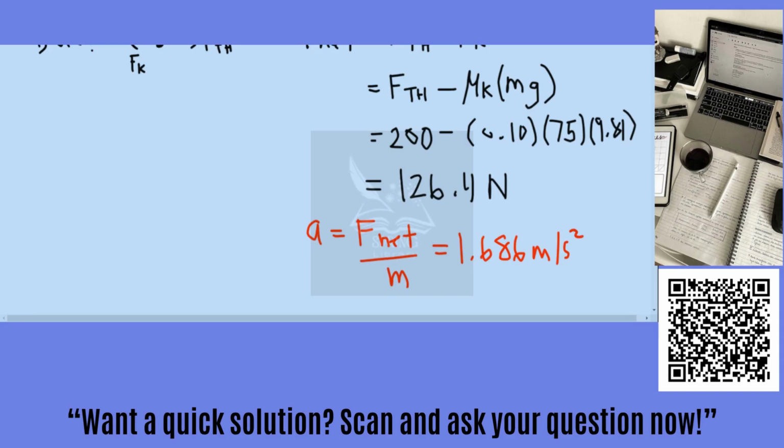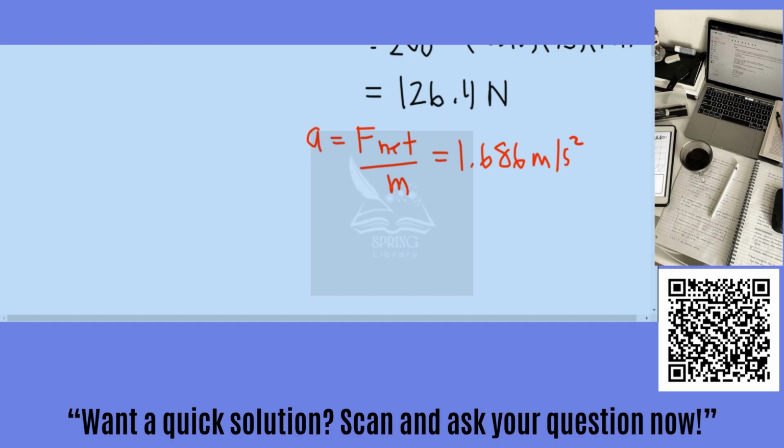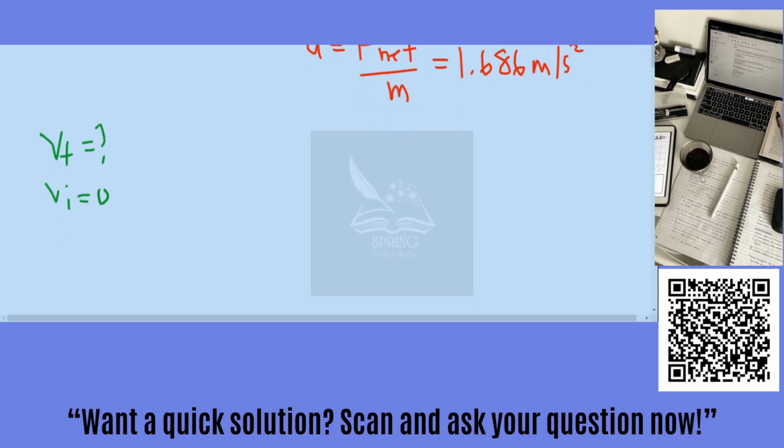So that's our acceleration, and then we can use that combined with the other variables given to find the top speed. What are we trying to find here? We're trying to find the final speed. We can assume that the initial speed was 0. The acceleration, which we've just calculated, is 1.686, and the time was given to us as 10 seconds.